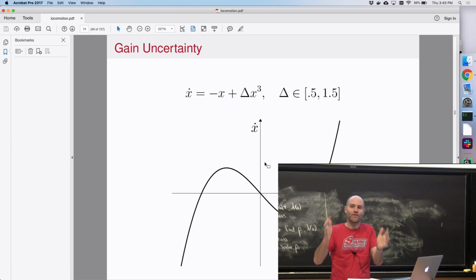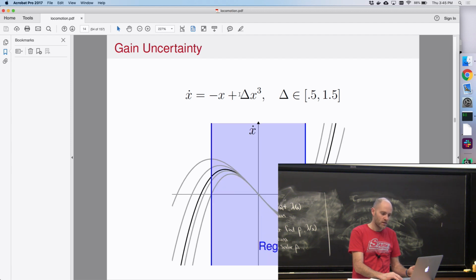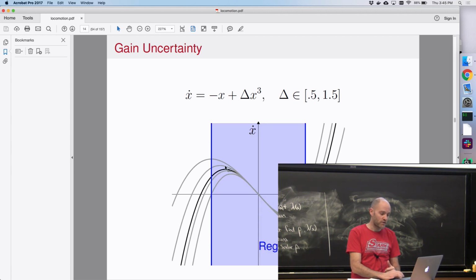And if I can push out and find the region of attraction, then I can say something. So first, what does that gain uncertainty look like? If I just plot various values of delta, I get those different curves. If I ask it for the region of attraction, it now finds this, which is the true region of attraction. It's tight on the inside of that.